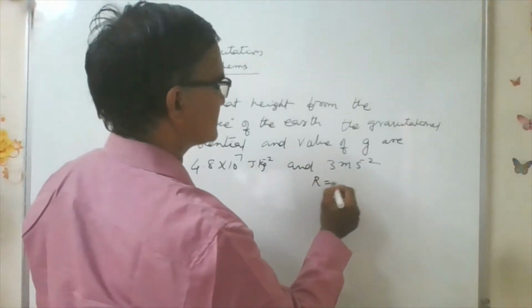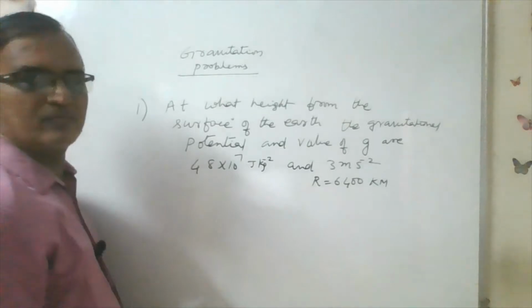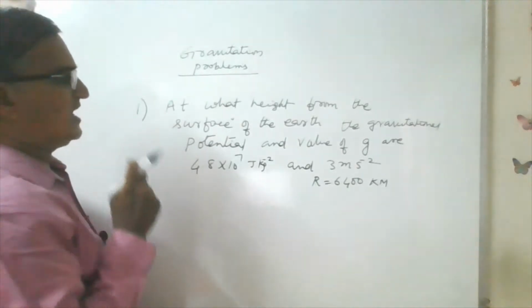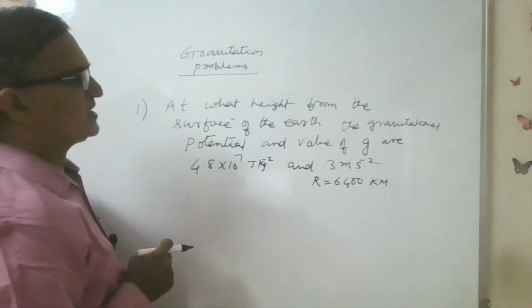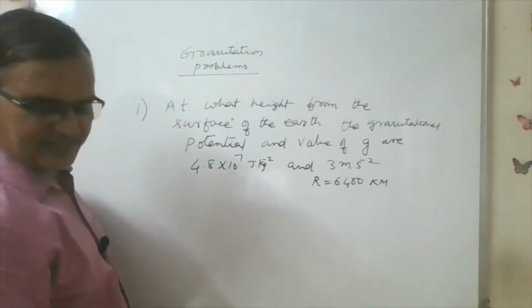Radius of the earth is 6,400 kilometers.